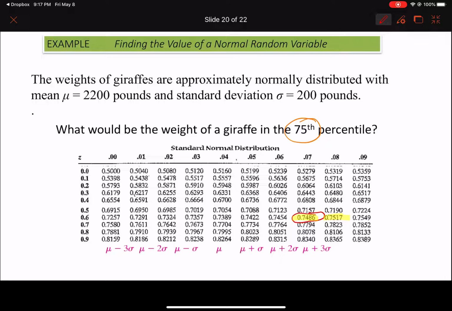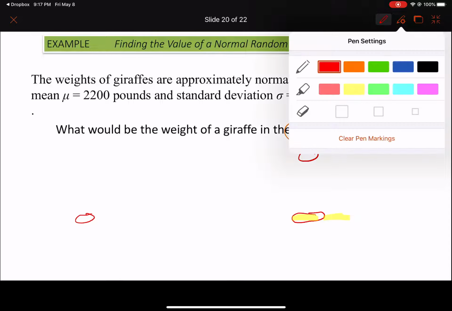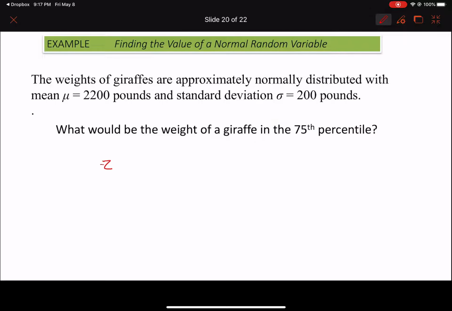I wouldn't mark you wrong if you took the other one. So my z-score is 0.67. So I'm going to do 2,200 plus 0.67 times 200.